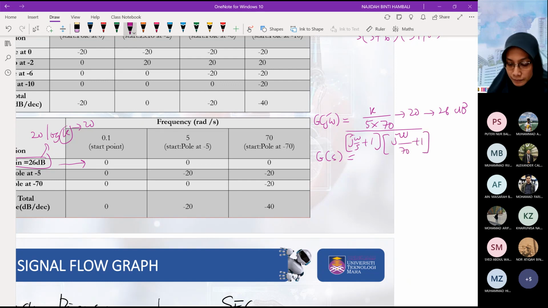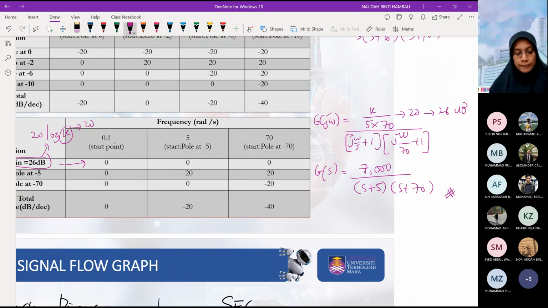Berapa nilai K? 7,000. Very good. Yang ni baru you boleh directly tulis untuk S domain transfer function. So S plus 5, S plus 70. That's it. Okay.